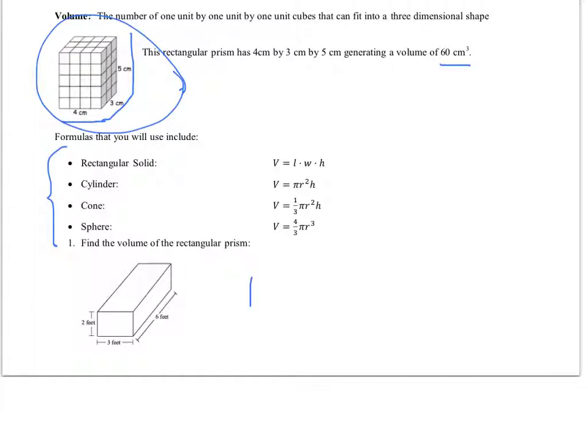So when we're doing the volume, all we need to do is multiply 2 times 3 times 6, which will be 36 feet cubed, or cubic feet, which means I can fit 36 1 foot by 1 foot by 1 foot cubes into this box.